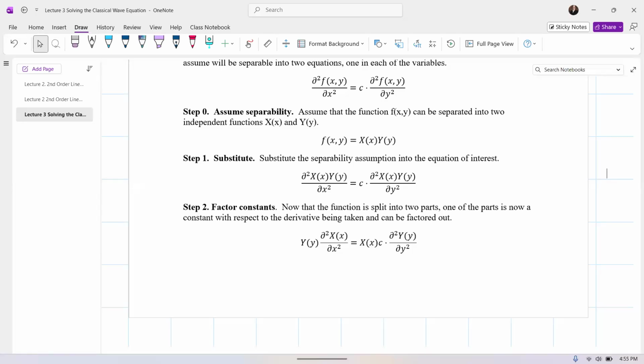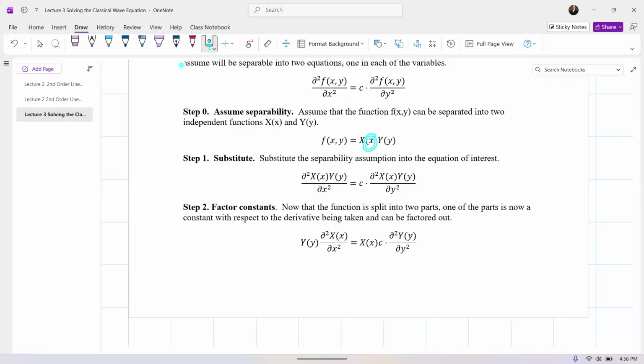This is a pretty broad assumption, and it's not really saying anything too specific about what the equation is. It's just saying that if you could break it into two different functions, that is the separability assumption. If it were not separable, it would mean that you weren't able to write x only in terms of x variables. If you had x and you had a cross term y, for example, then it wouldn't work.